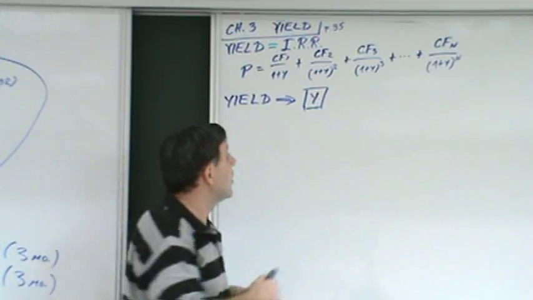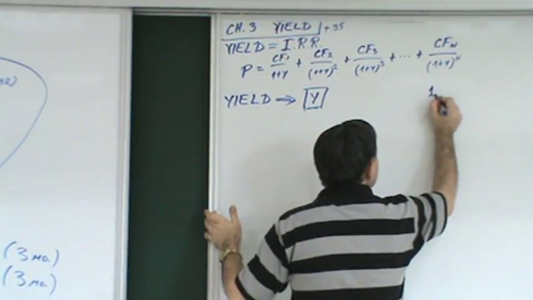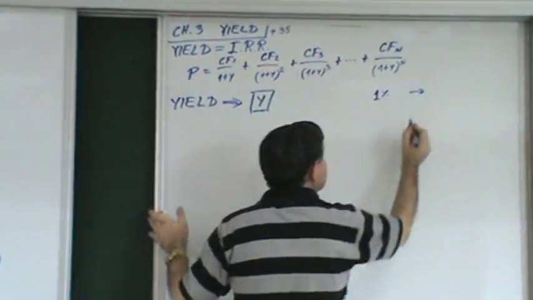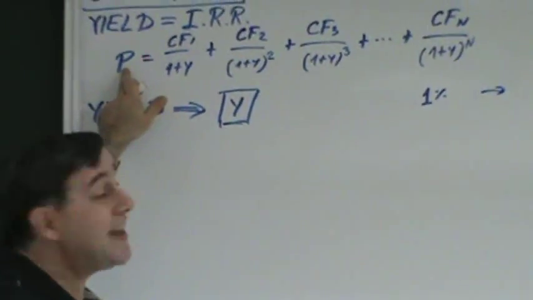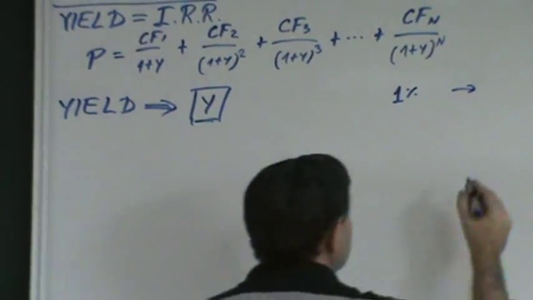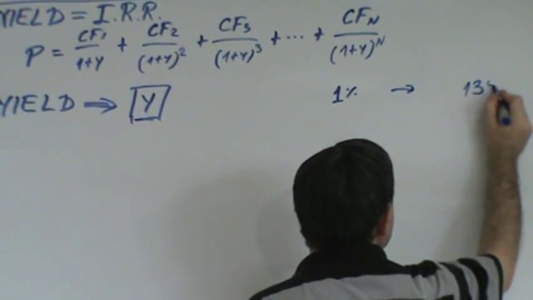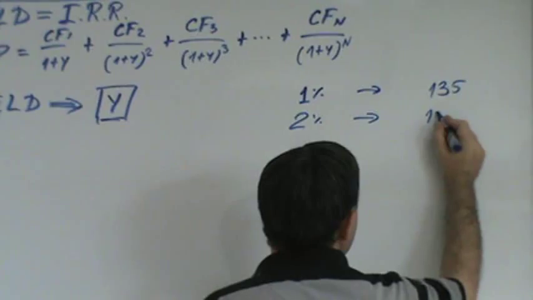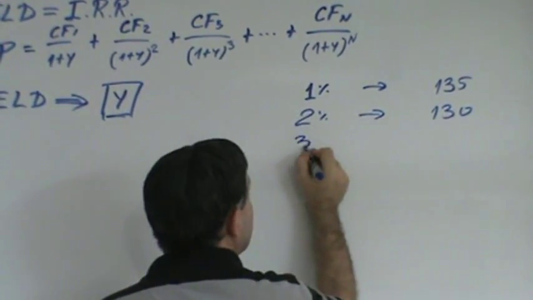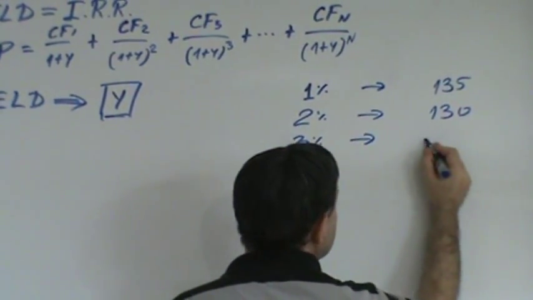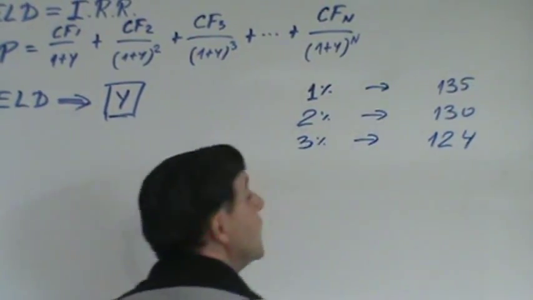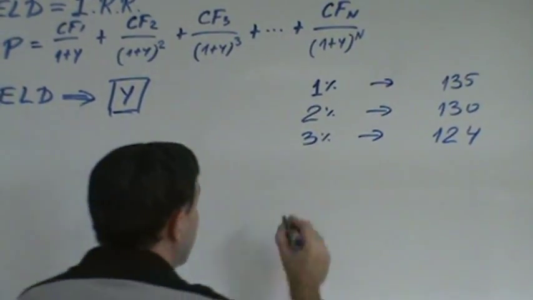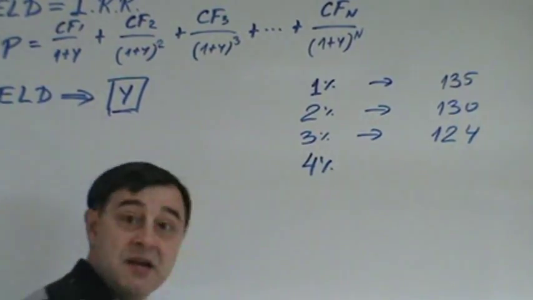Suppose that for 1%, when you calculate the price, it will give you 135. For 2%, it's going to give you 130. For 3%, it's going to give you 124. For 4%, I'm just picking numbers, okay?